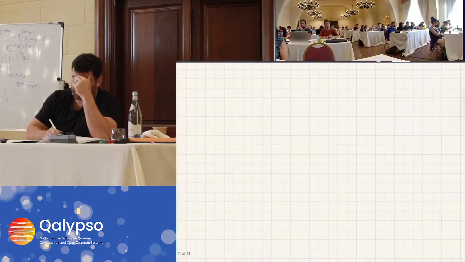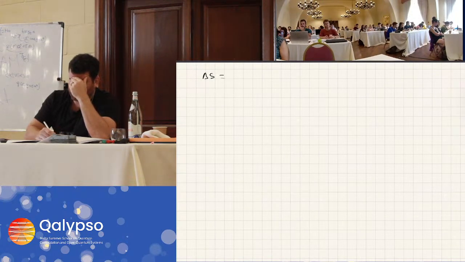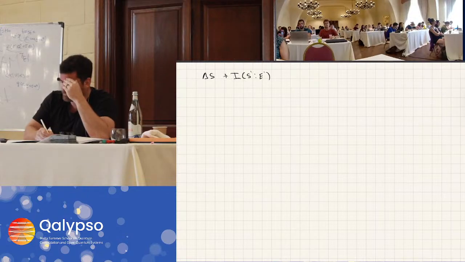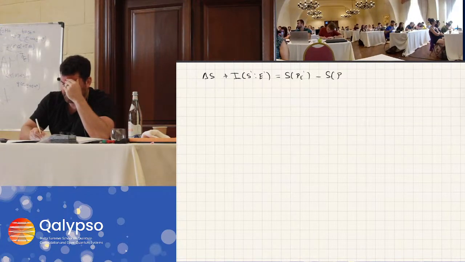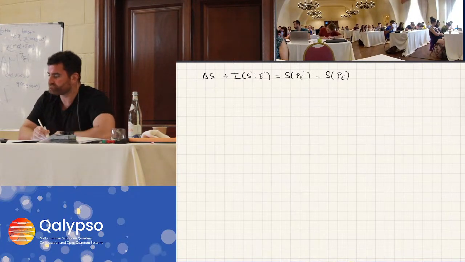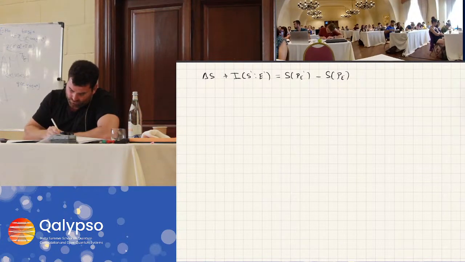So delta S plus I(S':E') is equal to S of rho E prime minus S of rho E. Okay? So let's work with the right-hand side.